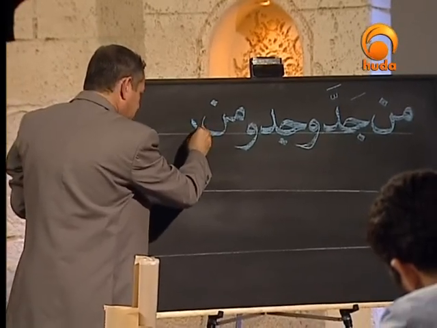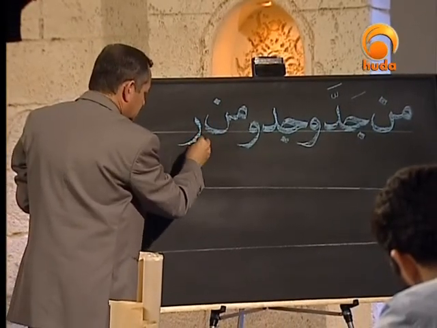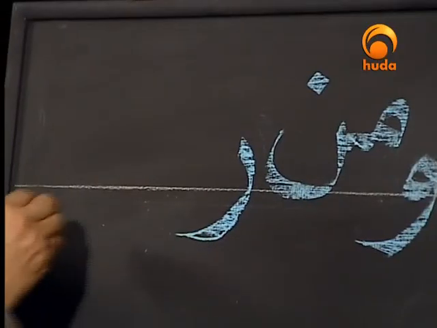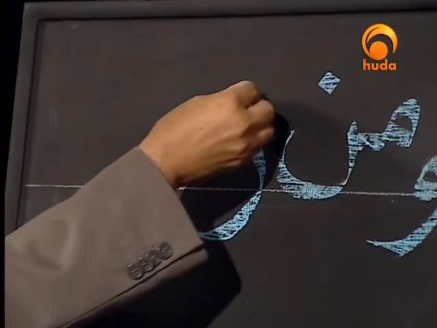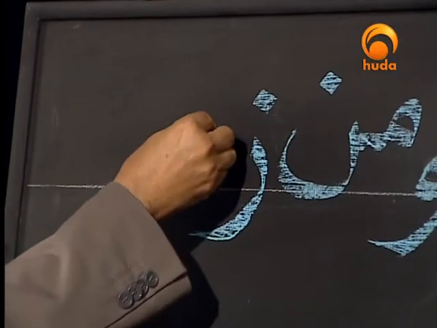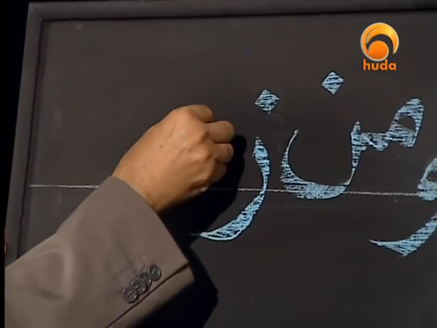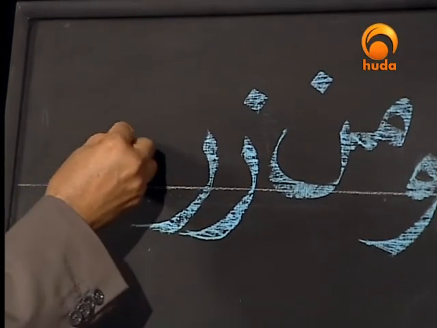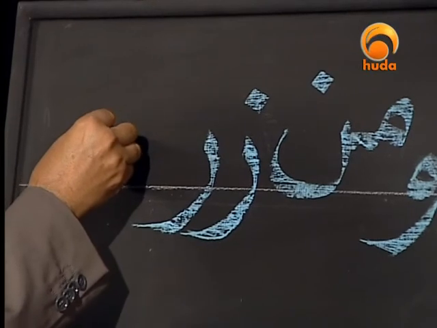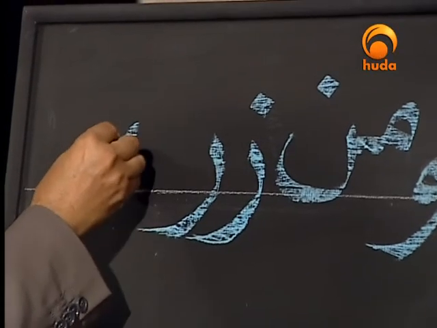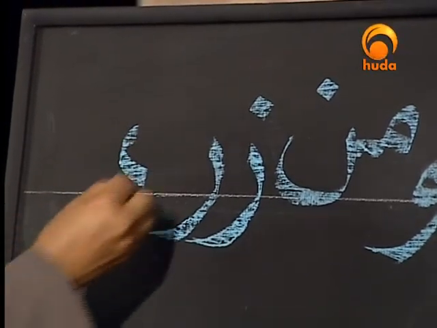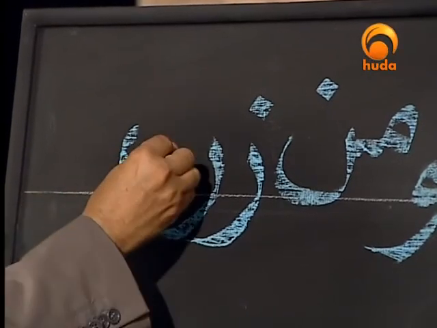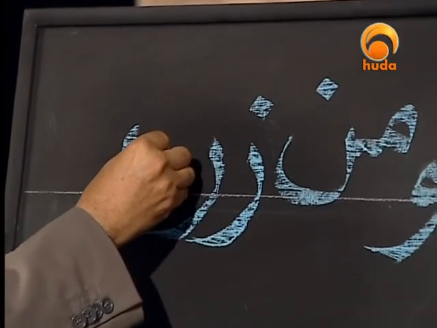The other part will be below the line. Za and Ra. And Ain. See the Ain? I'll do a part upon the line. The other one will be below the line.